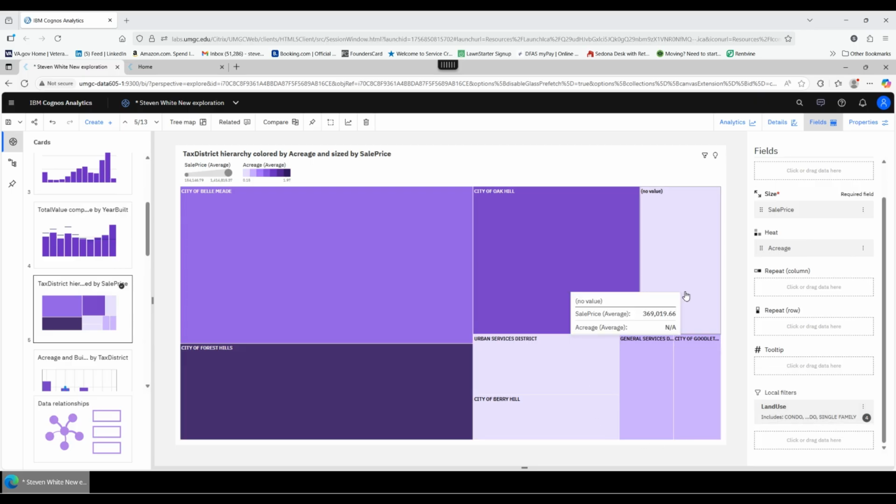Here we have a no value. For that acreage, nothing was entered in, but we do have a sales price. So one of the challenges is dealing with the outliers and missing data, because you'll need to filter or clean the data to have meaningful insights.